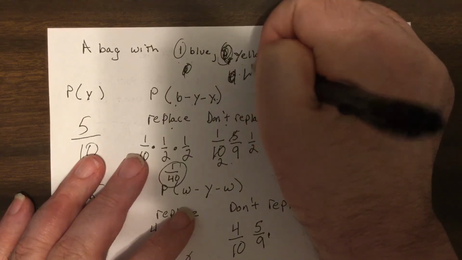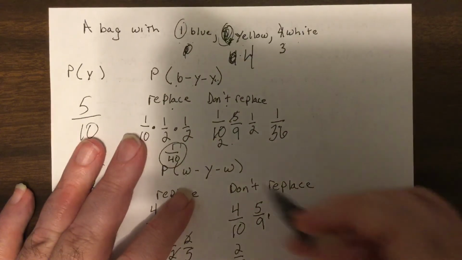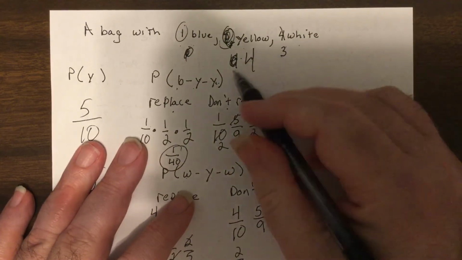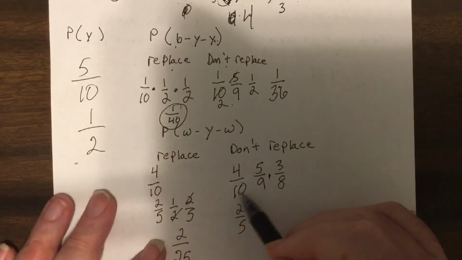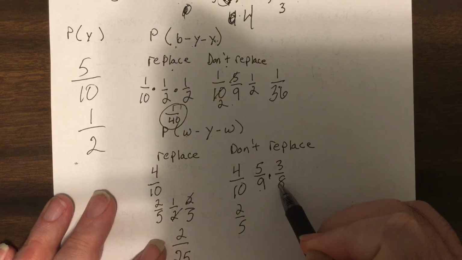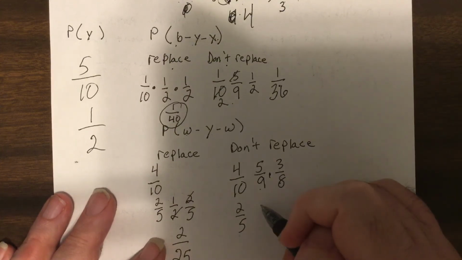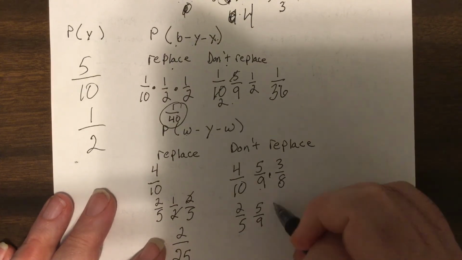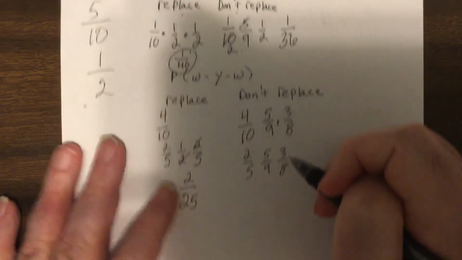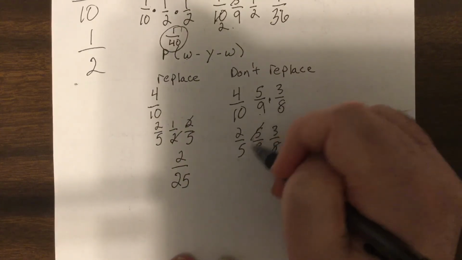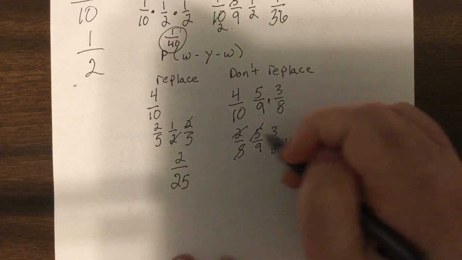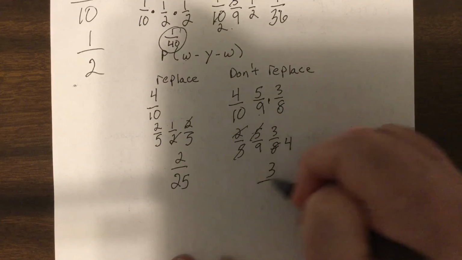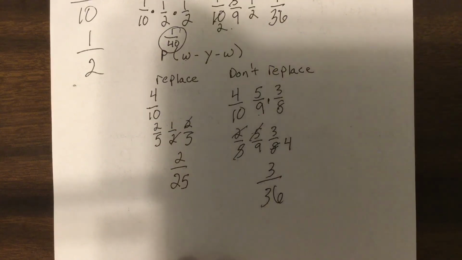I'm down to 4 yellows. And another white would be 3 out of 8. Because there's only 8 marbles. Notice how 10, 9, 8. You're always going down by 1 when you don't replace. So 5 9s, 3 8s. I can reduce it. We're multiplying. 5 goes into 5 once. 2 goes into 8 4 times. Multiply across, it's 3 out of 36.